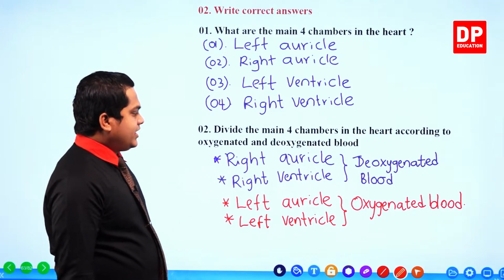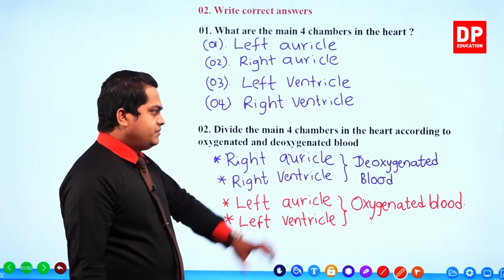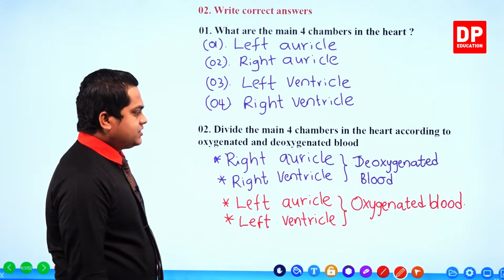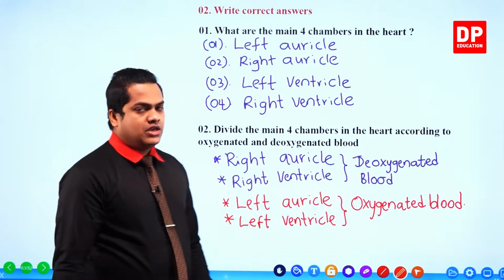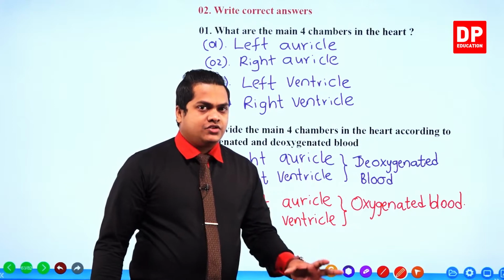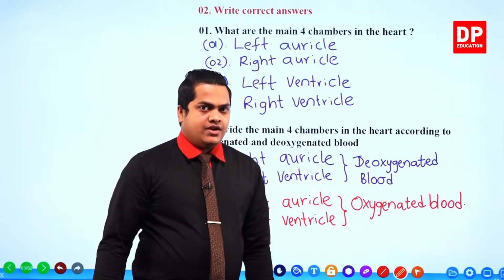So right auricle, right ventricle, you can observe deoxygenated blood. Left auricle and left ventricle, you can observe oxygenated blood. So this is to divide these 4 chambers according to the oxygenated and the deoxygenated blood.